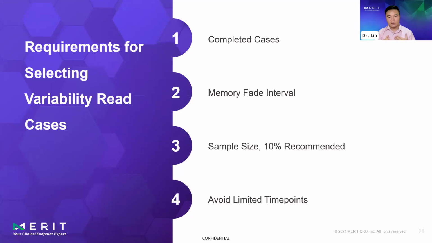And we need to select those cases that can represent the overall study population and make it blinded to the reader so that we can maintain the integrity of the variability read. And the assignment of variability read cases to readers should be balanced and unbiased to avoid systematic errors.